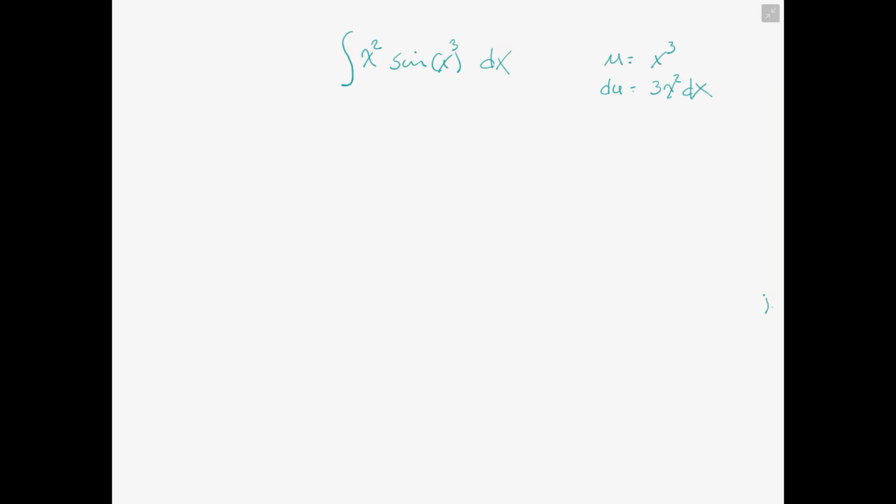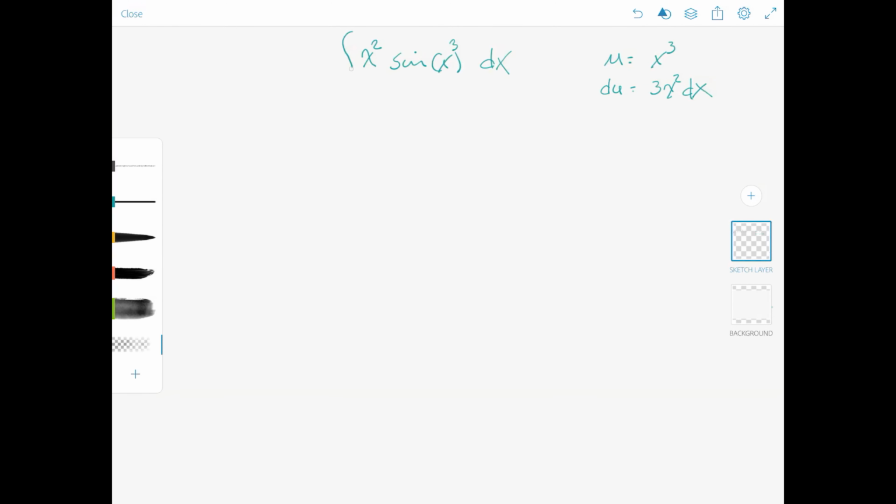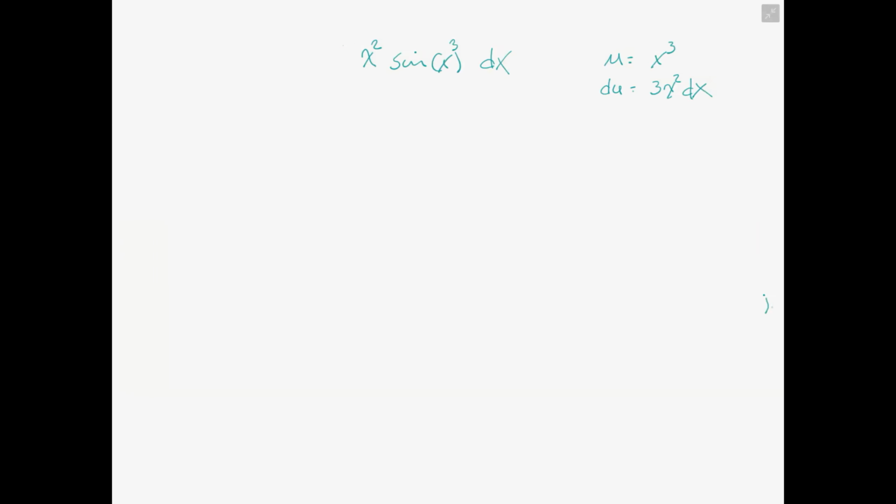But in the integrand, all we have is x squared dx, so to make du, we have to add a 3 and divide by 3.